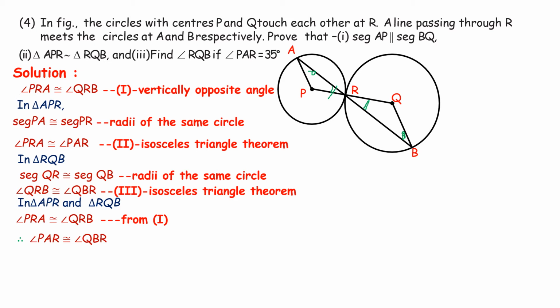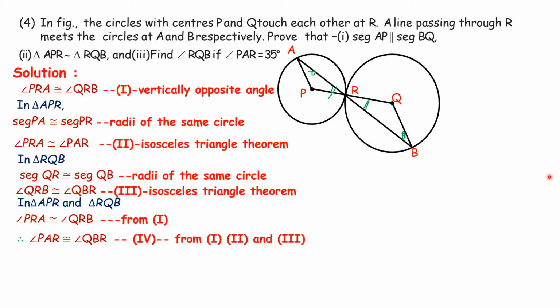Observe statements number 1, 2, 3. These two are congruent. These two are congruent. Therefore, this is congruent to this, that is angle PAR congruent to angle QBR.